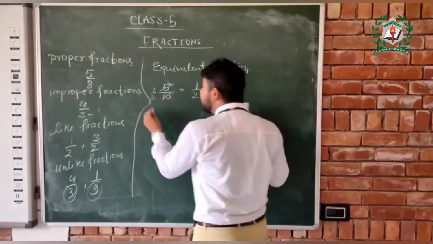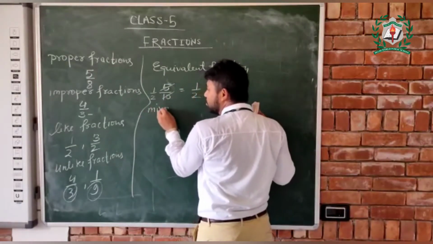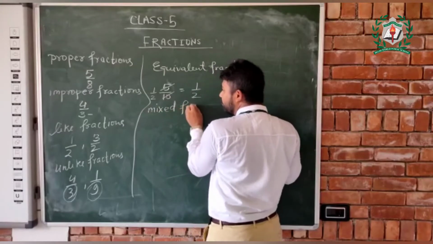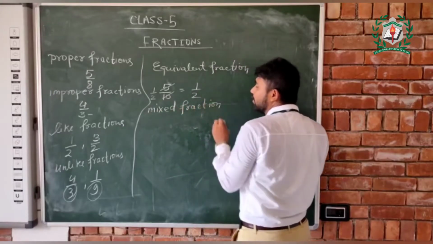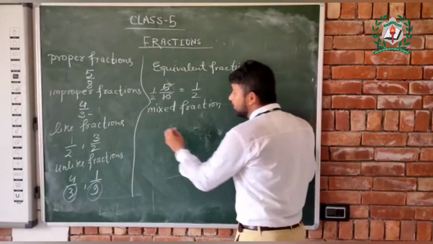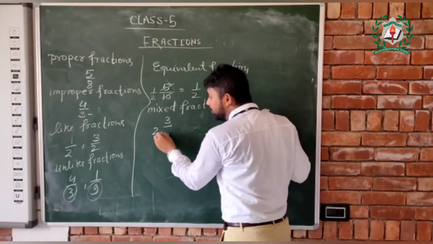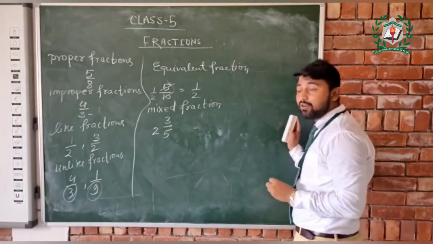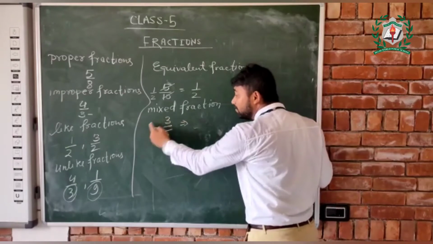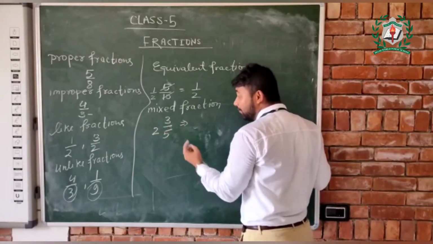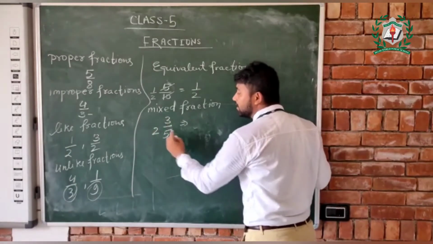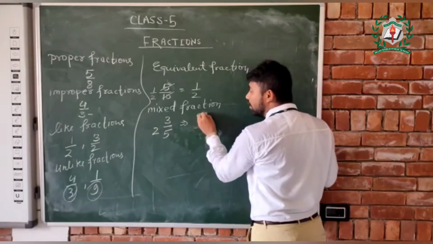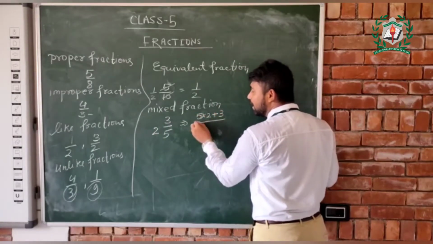Now the next one is mixed fraction. What is a mixed fraction? For example, 2 times 3 upon 5. If you convert it into a normal fraction, you have to do 5 into 2 plus 3 upon 5.